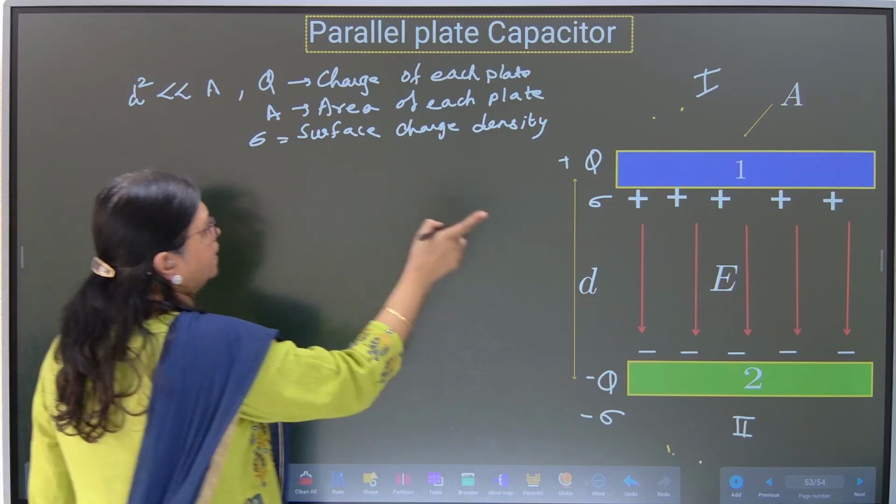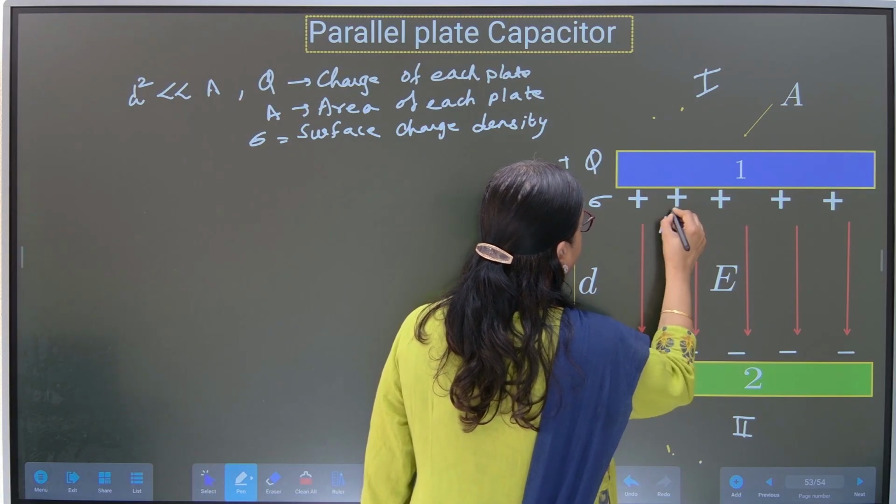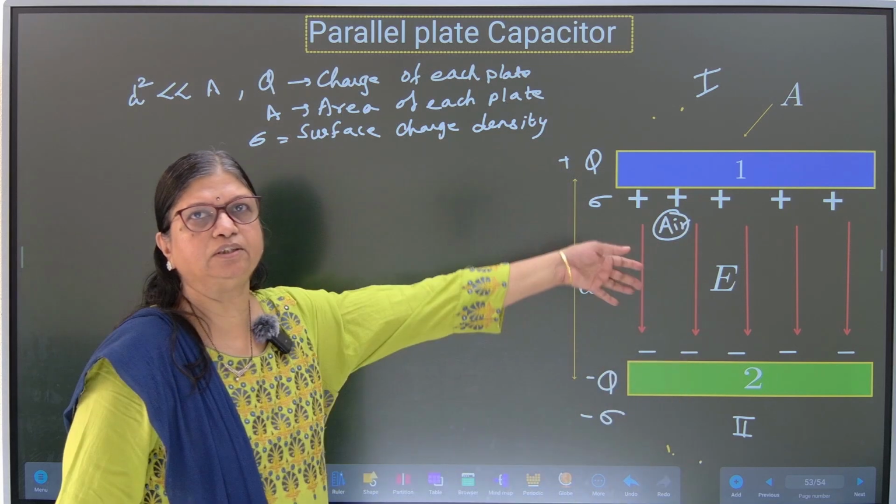And in between these two plates at present we are talking about air, which is the insulator.